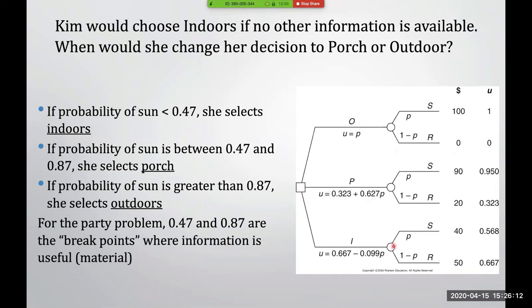If Kim receives some kind of a message from any kind of a detector, that may lead to a P that is no longer less than 0.47, then that information has the potential to change Kim's decision.